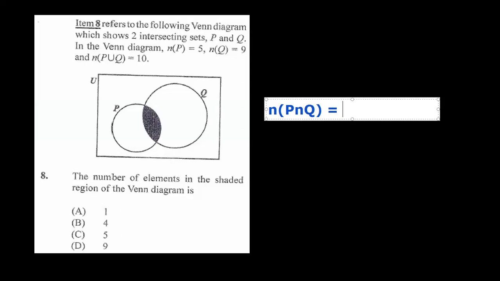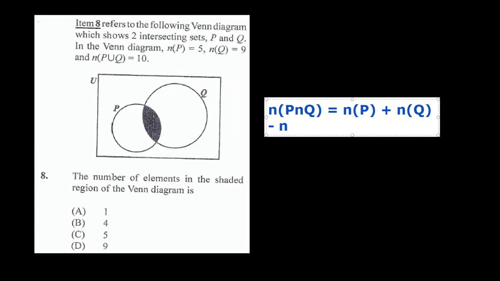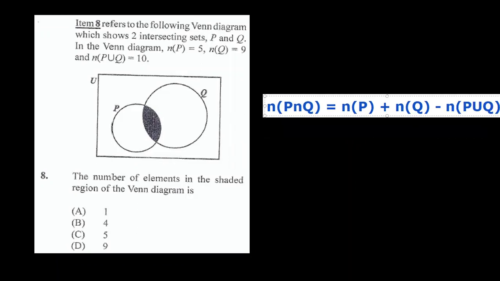The number of elements in P and Q is the number of elements in P plus the number of elements in Q minus the number of elements in P union Q. Okay? That's it. If you substitute into this equation, you will see this clearly.